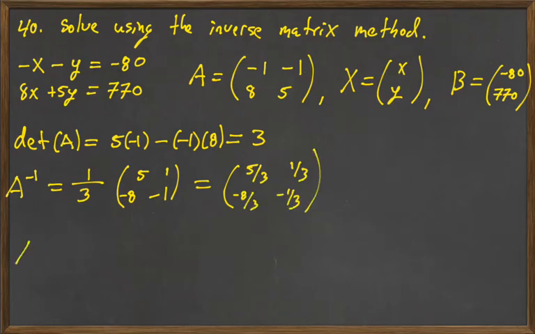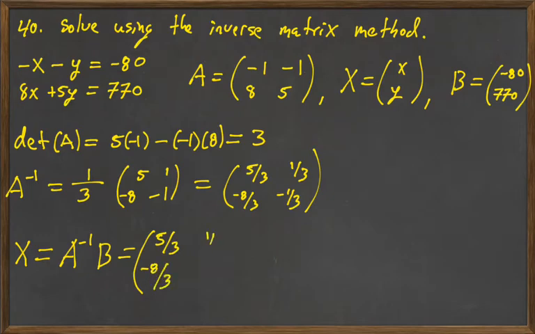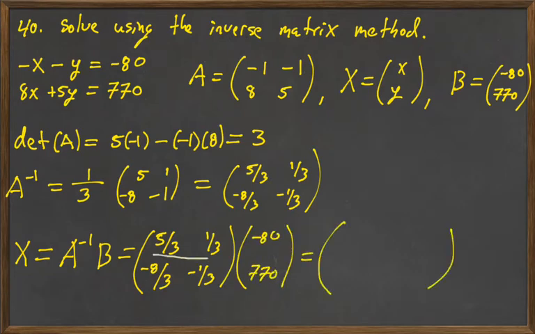And so if we're doing the inverse matrix method, we need to know A inverse and we need to know B. We got all that. So X is equal to A inverse B. So we just found A inverse. So 5/3, negative 8/3, 1/3, and minus 1/3. B is negative 80 and 770. This is a valid multiplication.